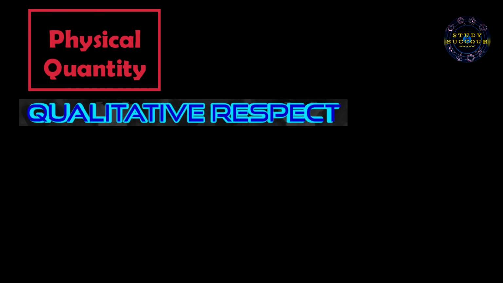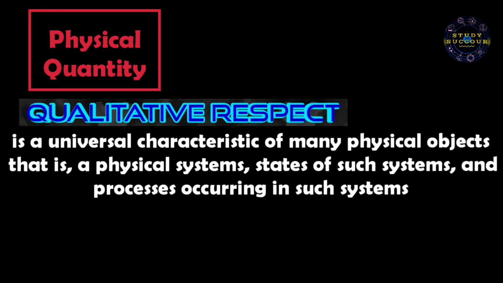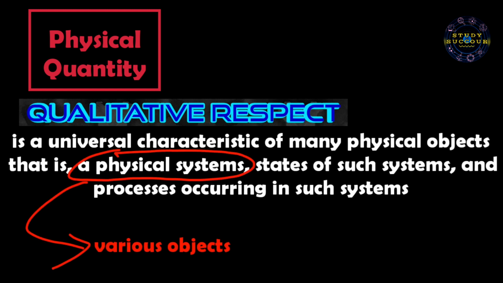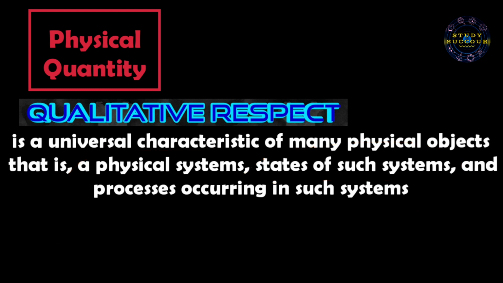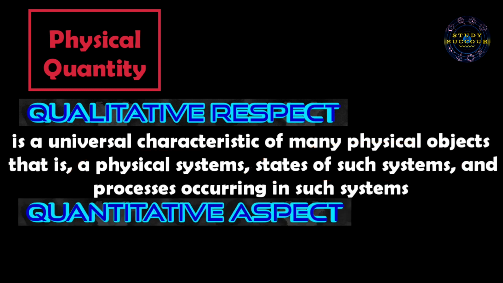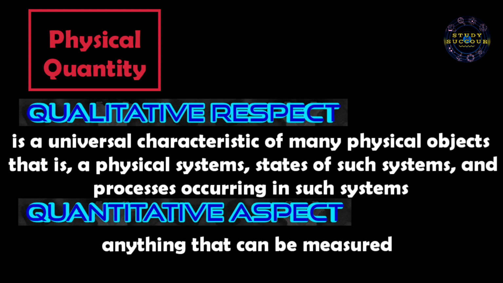In a qualitative respect, physical quantity is a universal characteristic of many physical objects, that is, of physical systems, states of such physical systems, and processes occurring in such systems. In a quantitative aspect, physical quantity is anything that can be measured.